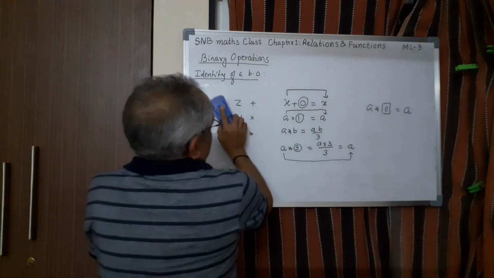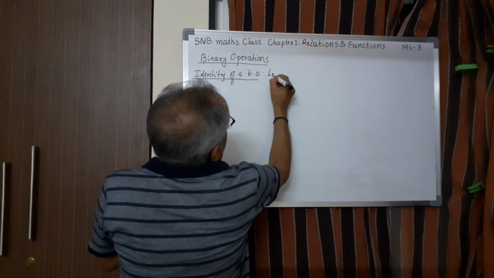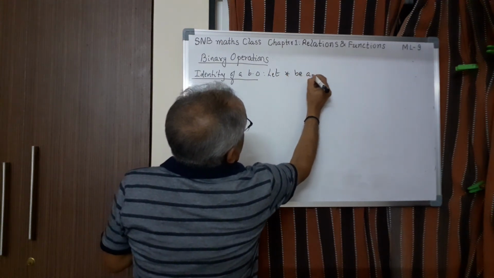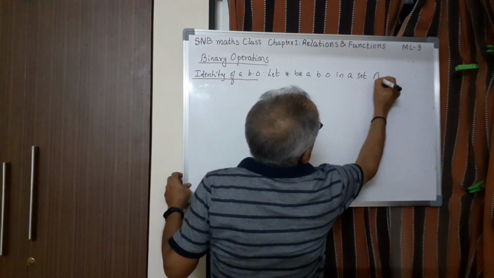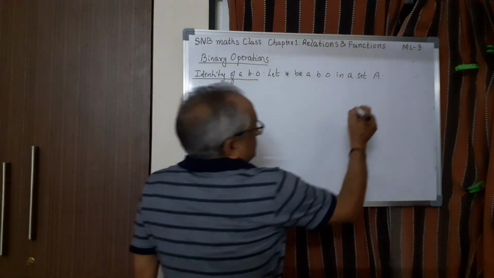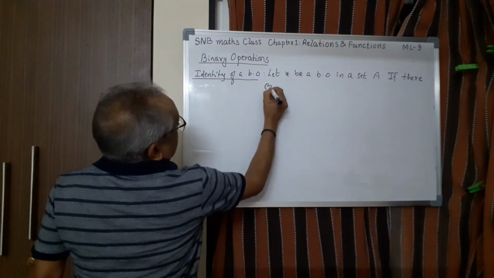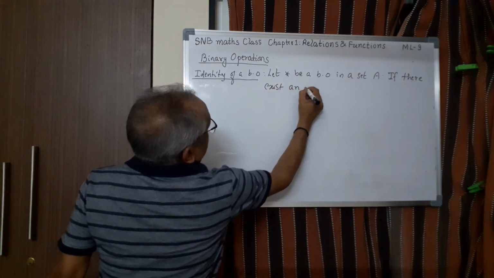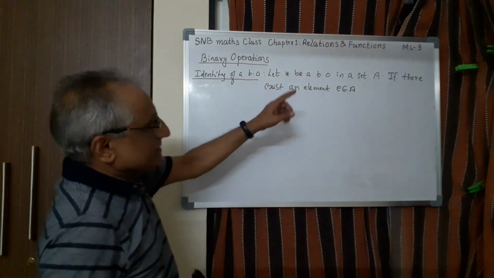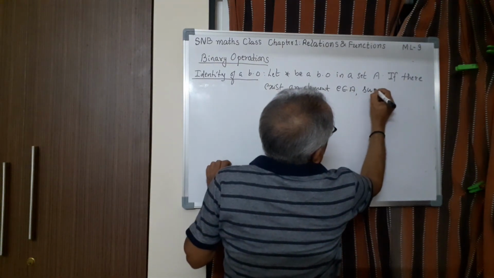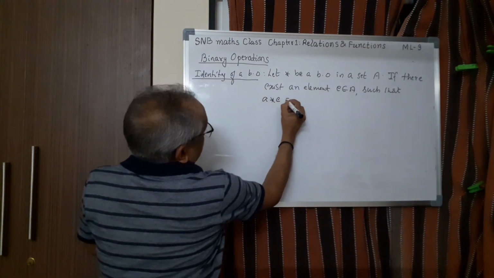Now let me define. So the definition is this: let star be a binary operation in a set A. Then if there exists an element e belonging to A, in the same set, such that a star e must be equal to e star a.